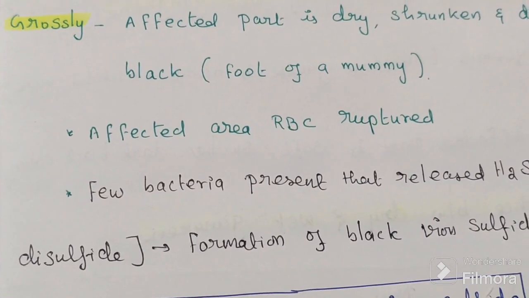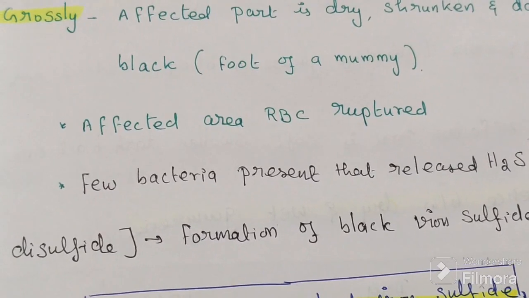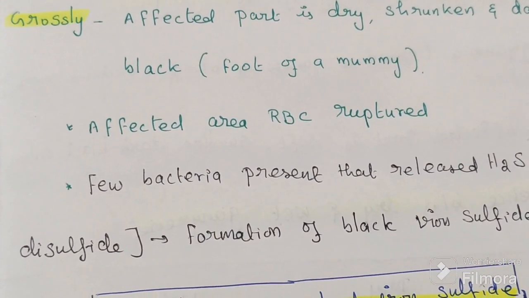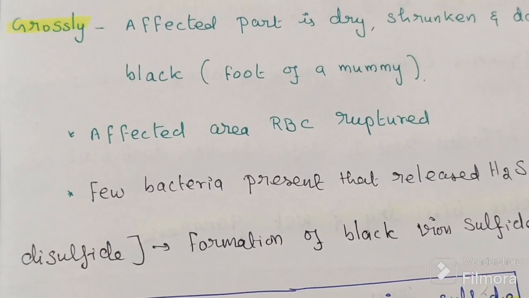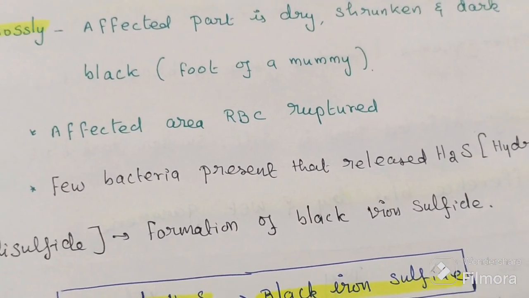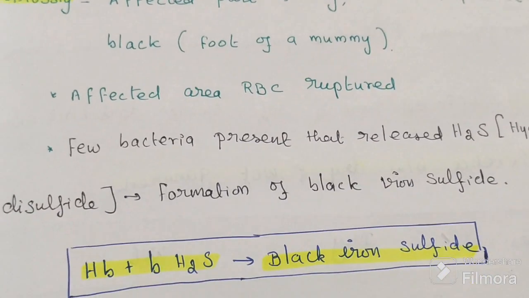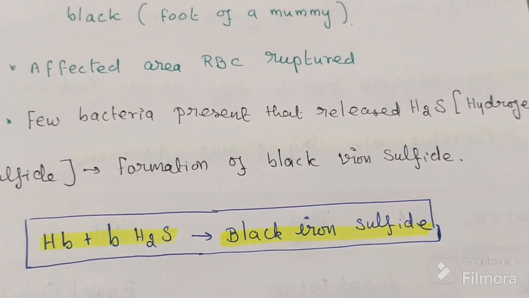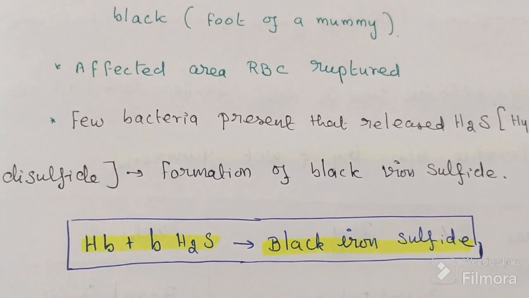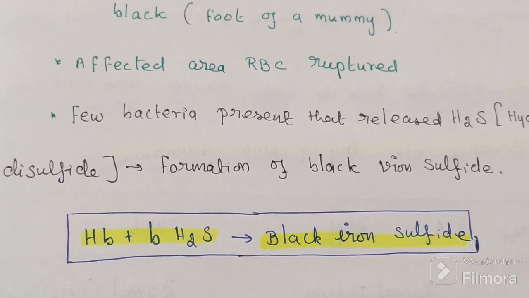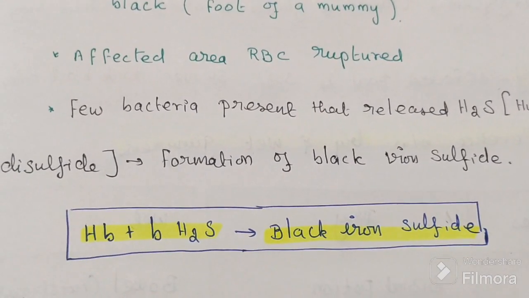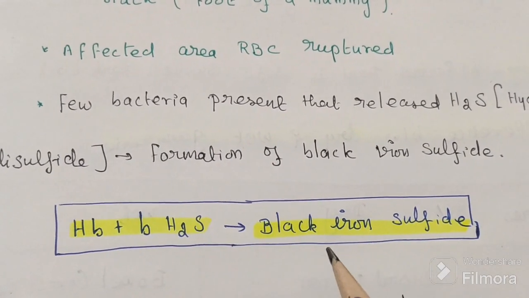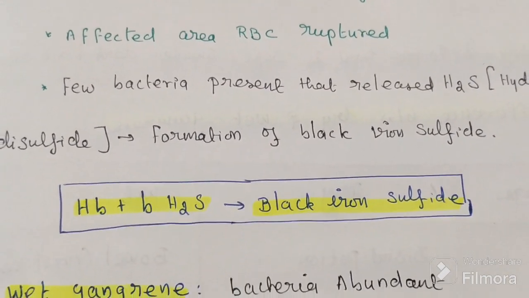In the affected area RBCs rupture, liberating hemoglobin from hemolyzed RBCs. The few bacteria present release H2S, hydrogen sulfide, resulting in the formation of black iron sulfide. So hemoglobin plus bacteria-produced hydrogen sulfide produces black iron sulfide.